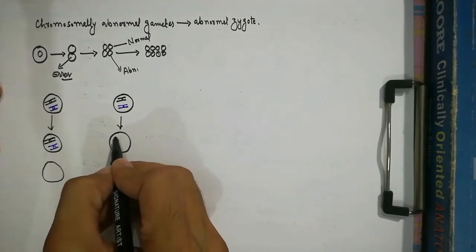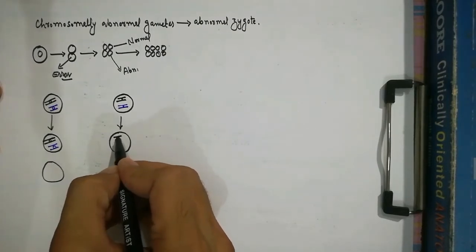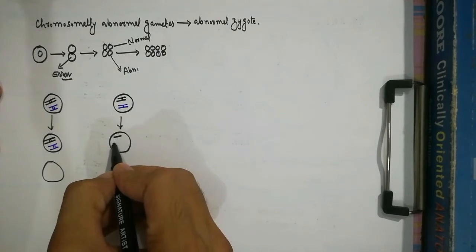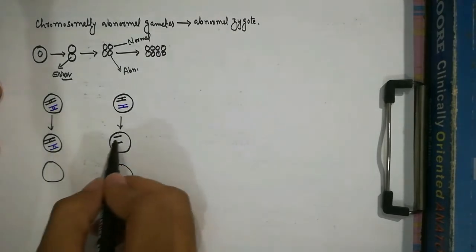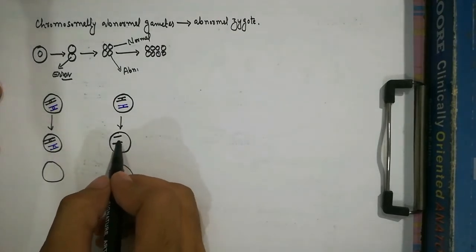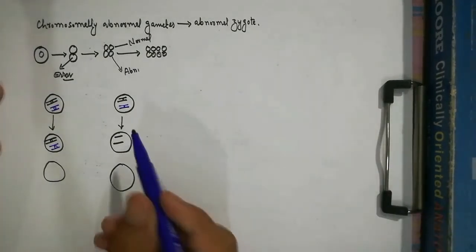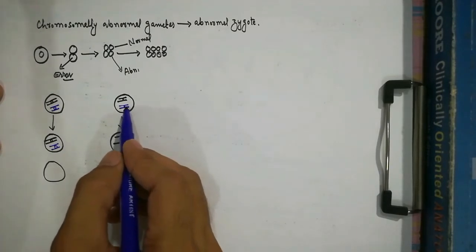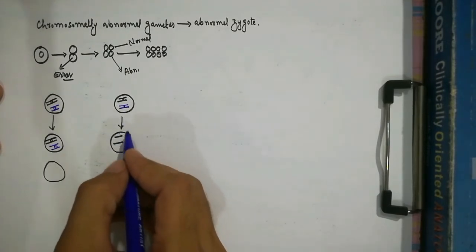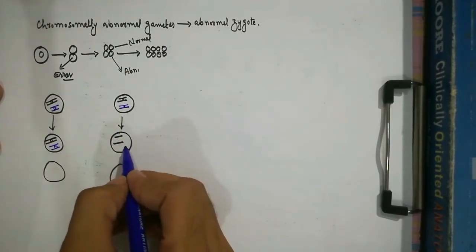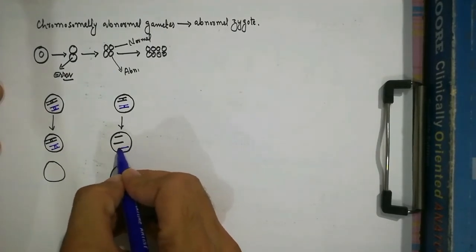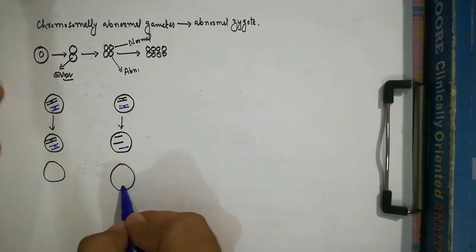Suppose this sister chromatid and this other sister chromatid both entered one daughter cell, and the sister chromatids of the other chromosome separate and entered different daughter cells.